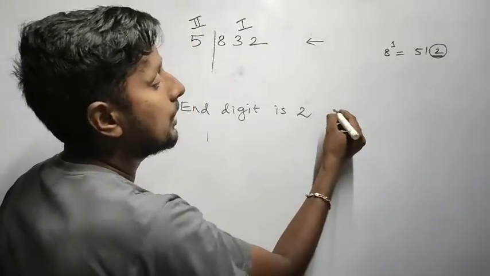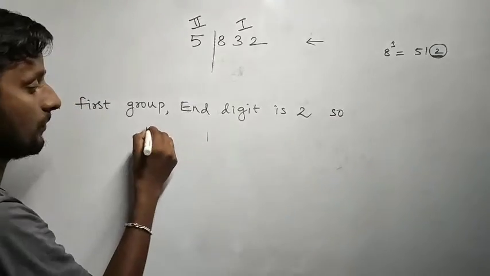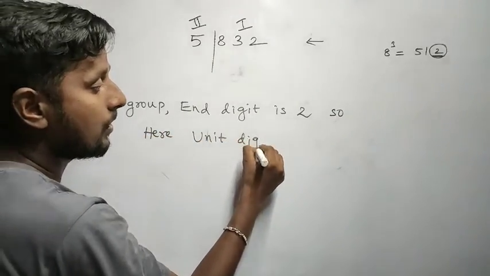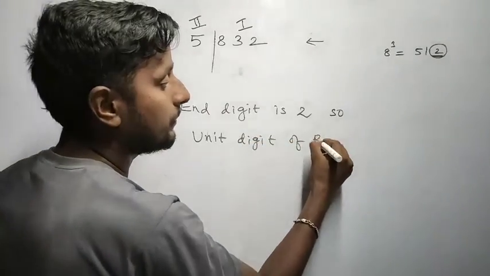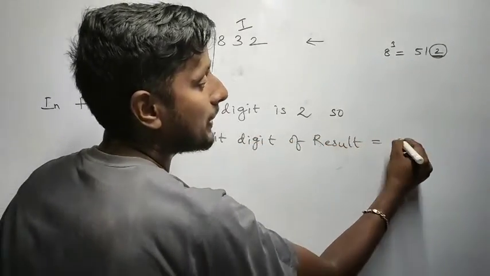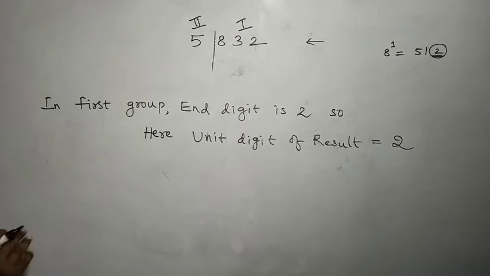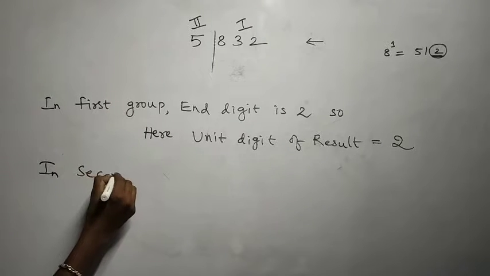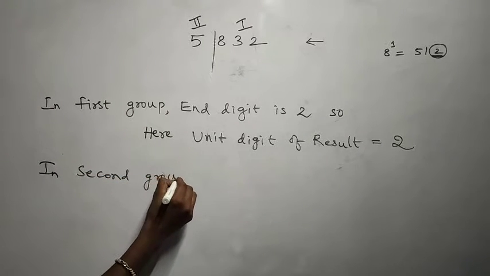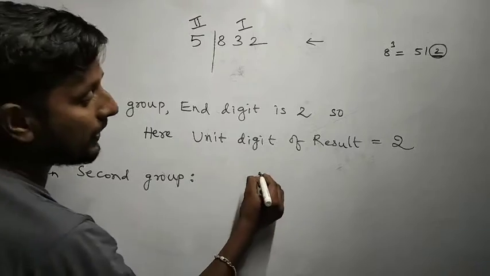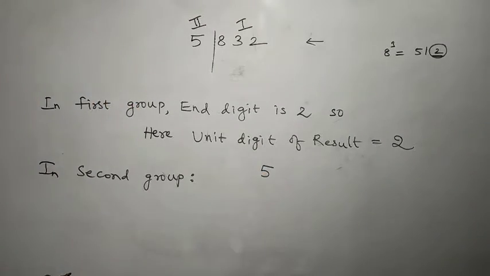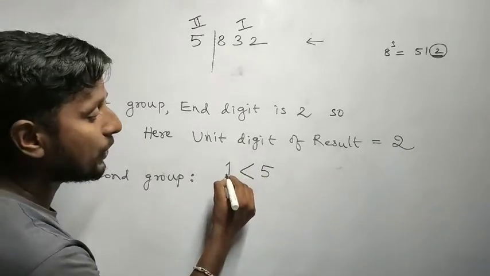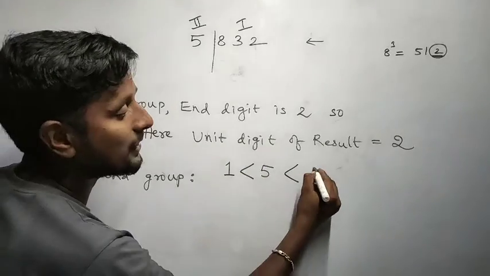Okay, so here the unit digit of the result is 2. I'm talking about the unit digit only. Next, in the second group, what is the second group number? The second group number is 5. So now we are talking about cubes. Am I right? Okay, so 5 is between 1 cube, answer 1, and 2 cube, answer 8.